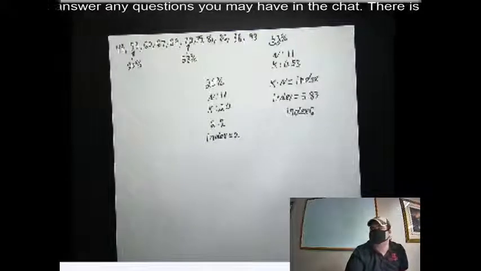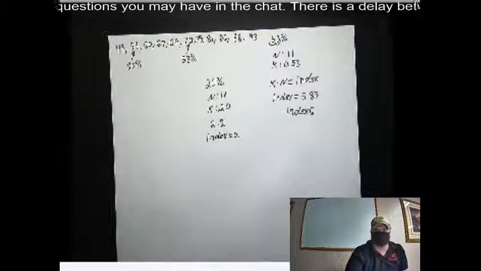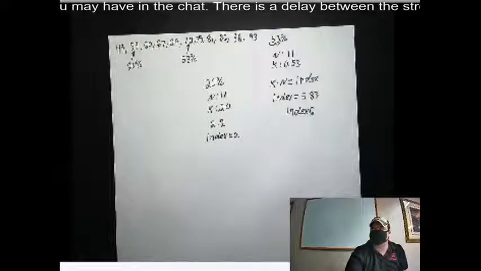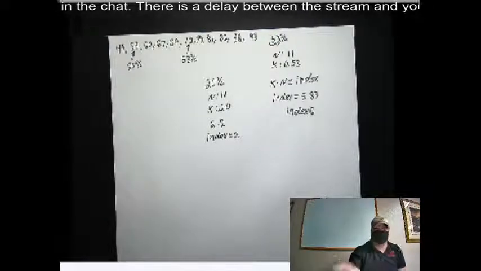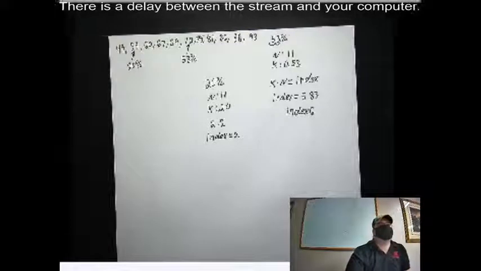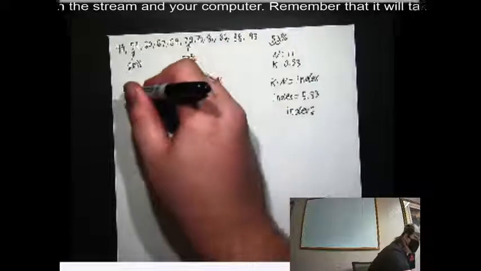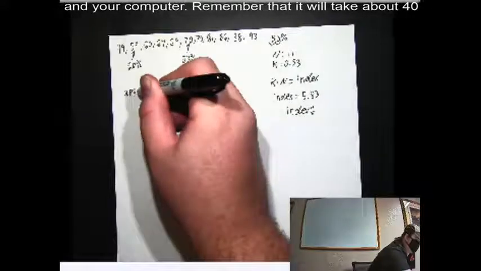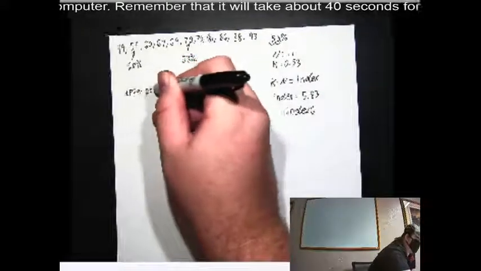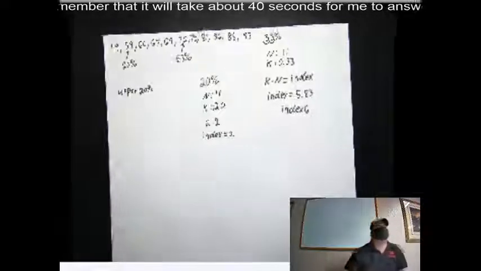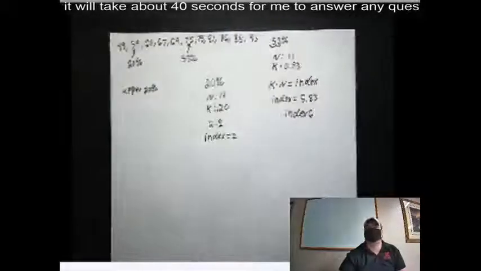Does that make sense? What other questions do we have? Upper. That's a good question. So maybe they want to know the upper 20%. Well, obviously we can't use 20% for our number, can we?